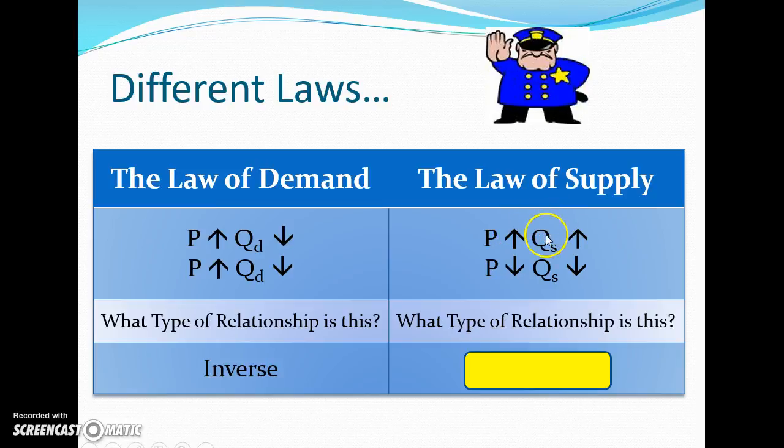If they're going to pay you $5 an hour, you're going to want to work a lot less. And this is called a direct relationship. Because when price increases, quantity supplied increases. They both move in the same direction all the time, as opposed to an inverse relationship where they go in the opposite direction, where price increases and quantity demanded decreases.